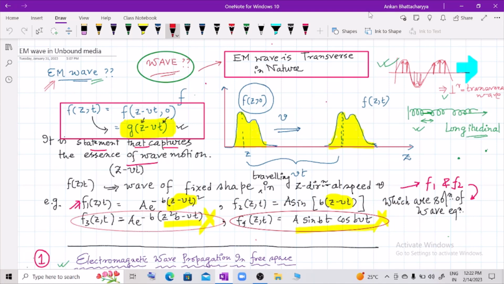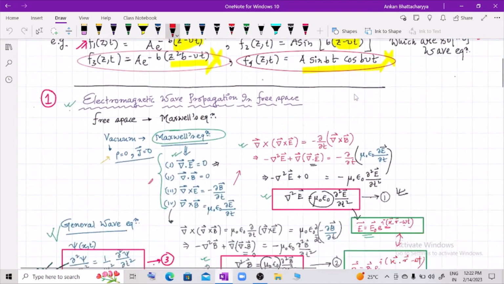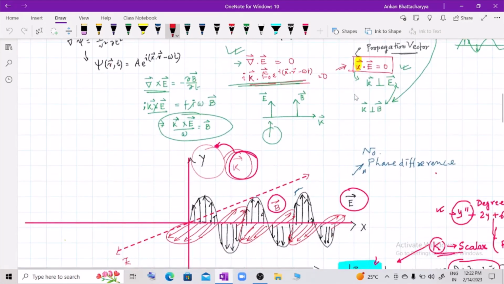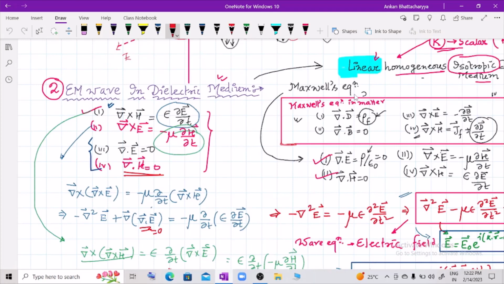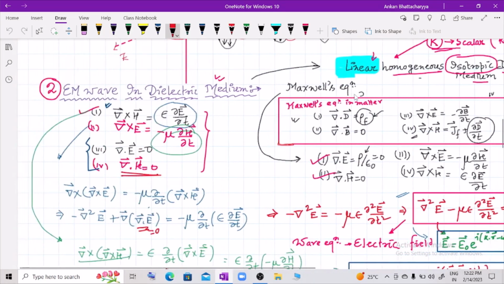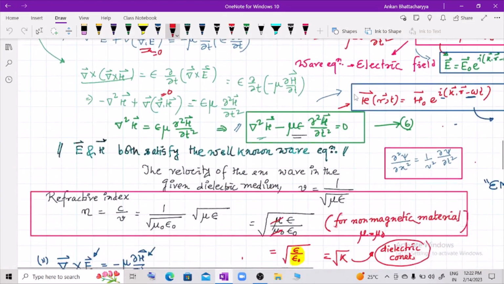After studying the electromagnetic wave in vacuum, we turned to the electromagnetic wave in linear isotropic dielectric medium. The form of the electromagnetic wave in this case has been studied already.